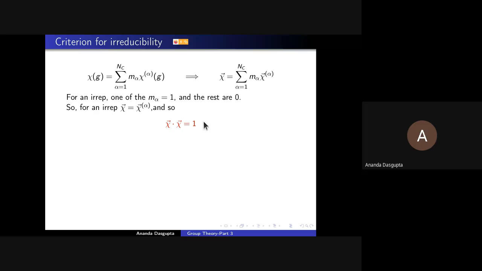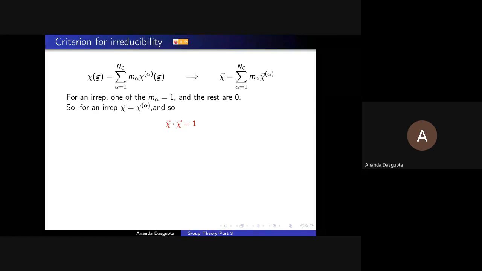Now, I will leave this as homework. It's a very trivial calculation to do. Basically, just use ordinary vector dot products. This actually happens to be both if and only if. I have shown that if chi is an irrep, chi dot chi is 1. Then the theorem is also that only if chi dot chi is 1, then chi is an irrep.